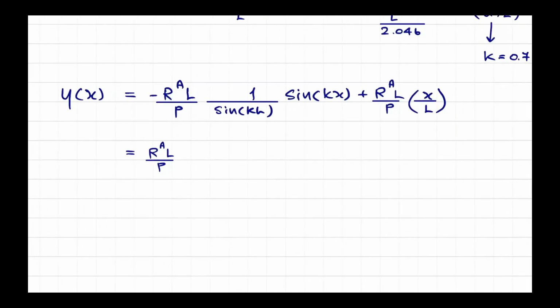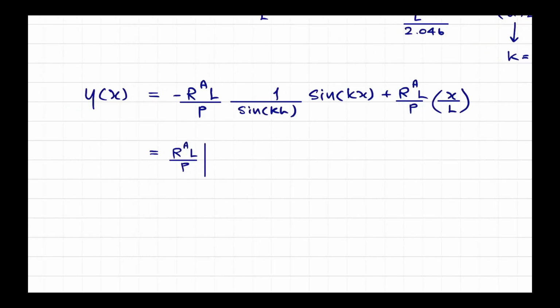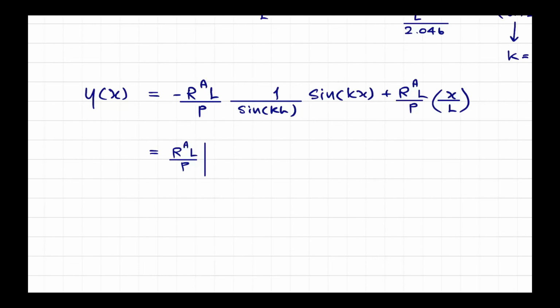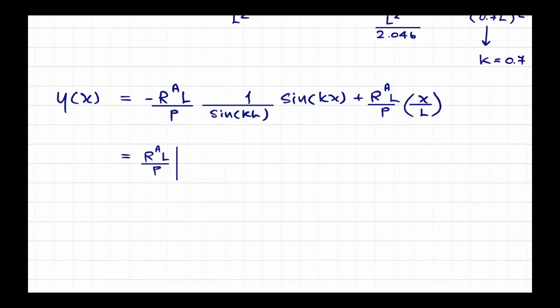Multiplied by X over L minus sine K X over sine KL.